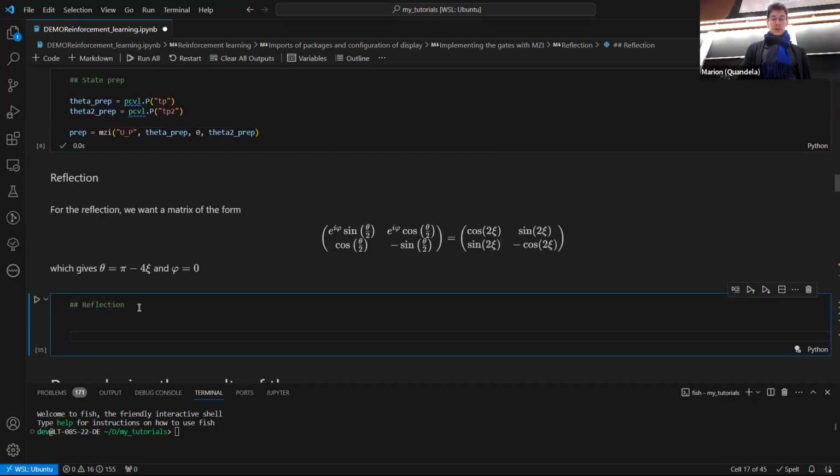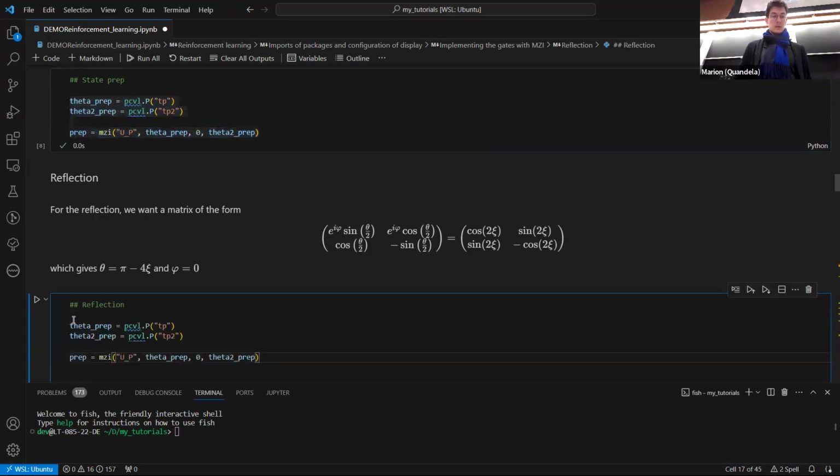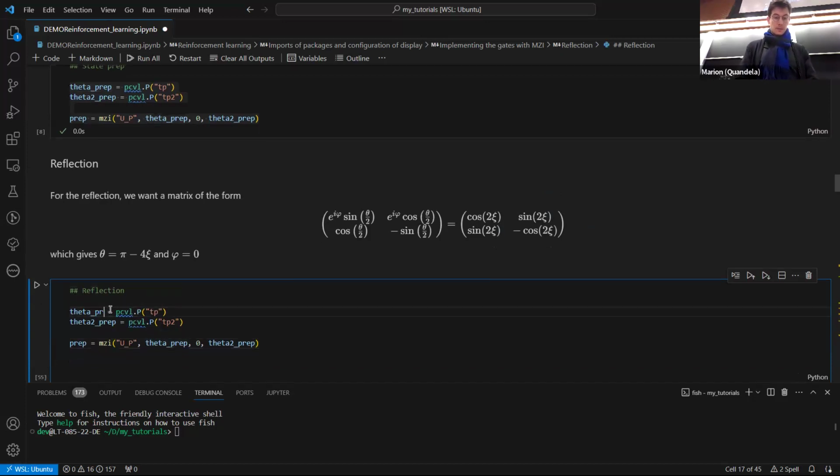In the same fashion, I'm just going to copy paste that. We're going to define a reflection. So it's a reflection from the initial state, so it basically is this that we want to implement. Reflection.